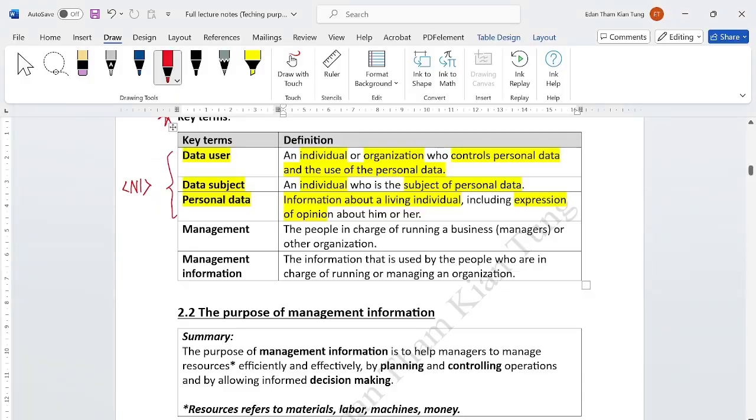When we say about personal data, it is information about a living individual. If today your name, is it a personal data? Yes. Is iPhone a personal data? Why? It is not a living individual, right? Good, correct.